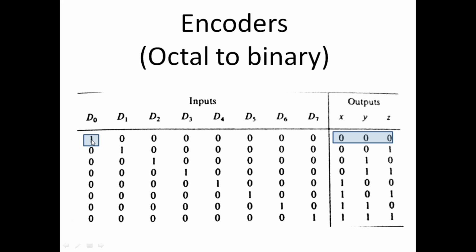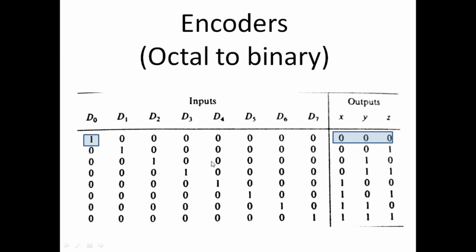Whenever the user presses 0, it would give 1 input on the first input line D0, and the rest of the inputs would be zeros. So only D0 would be 1, all the rest of the inputs would be zeros, and the output should be as digit 0, and the binary is 0, 0, 0. So the output should be 0, 0, 0. All the three output lines or variables should be 0.